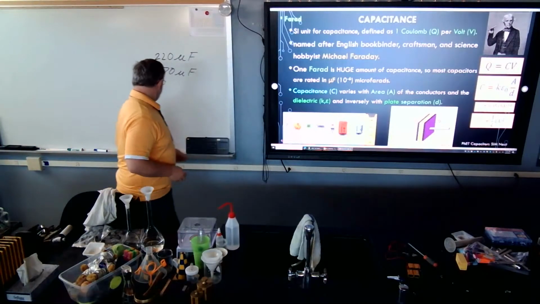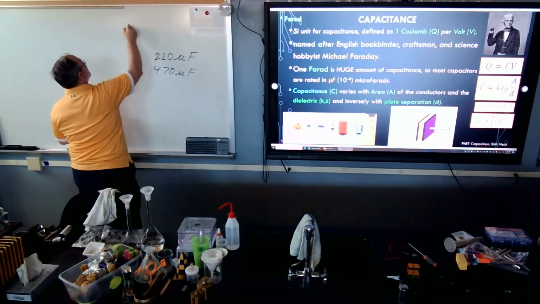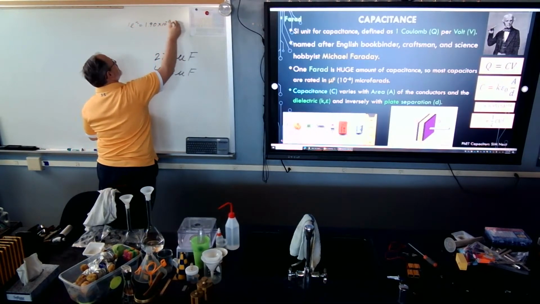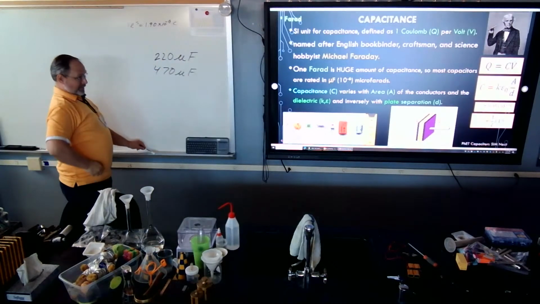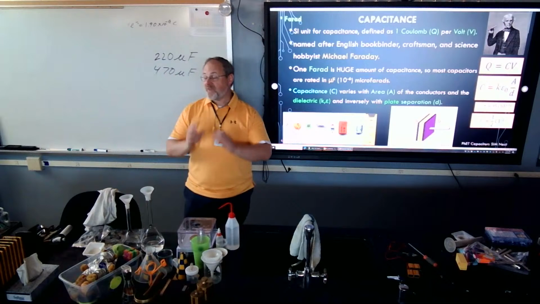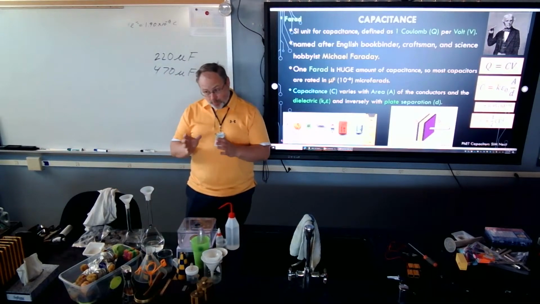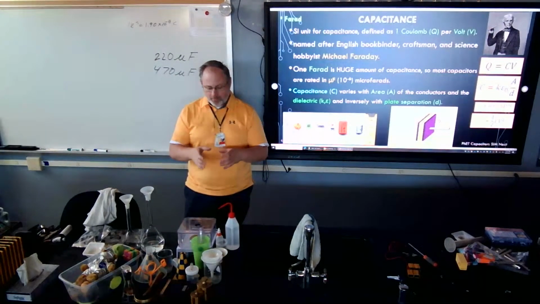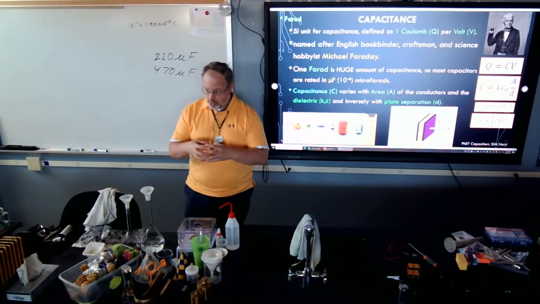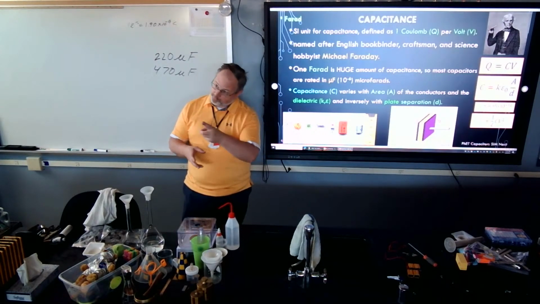The electron has the fundamental charge, so 1 electron is 1.6 times 10 to the negative 19 coulombs. So the coulomb is charge. A single farad is what you would get if you were able to store a coulomb of charge in 1 volt.